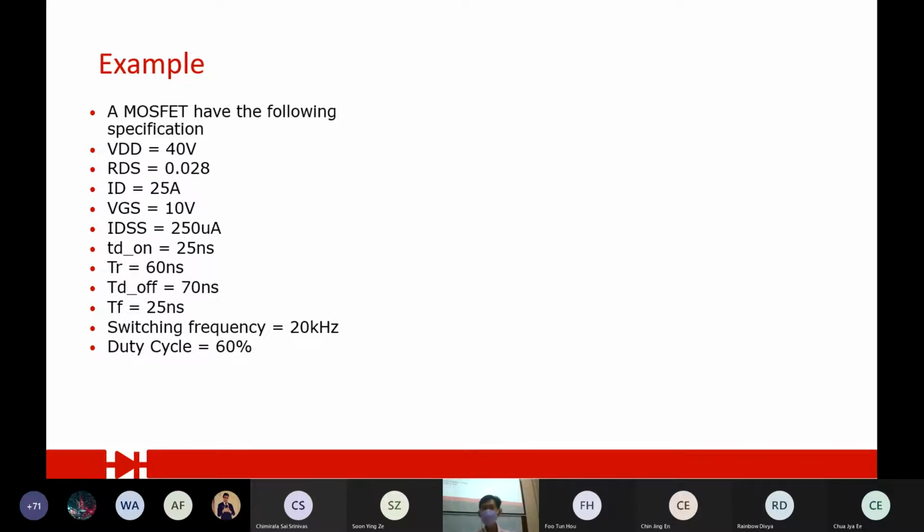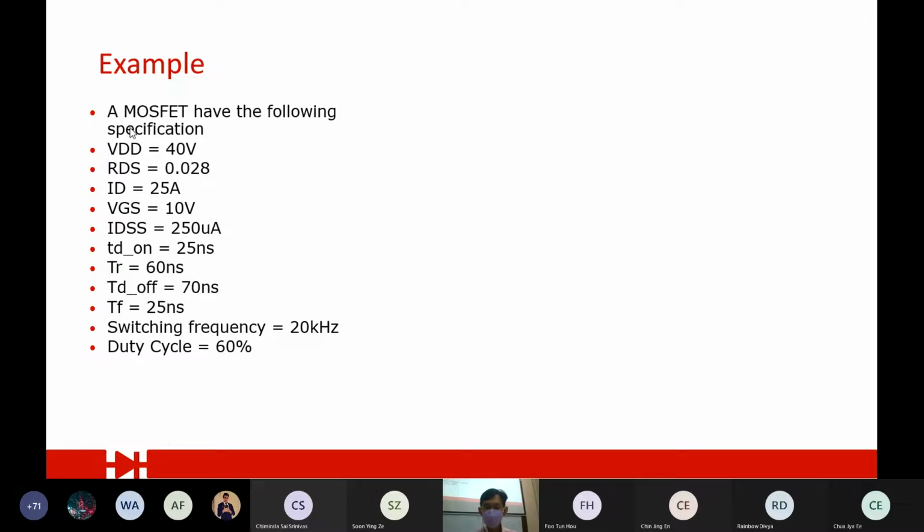We have a MOSFET where the VDD is 40 volt. The RDS is 0.28. The ID is 25 amp, and the VGS is 10 volt. The IDSS is 250 microamp. IDSS is the leakage current, or the reverse current.